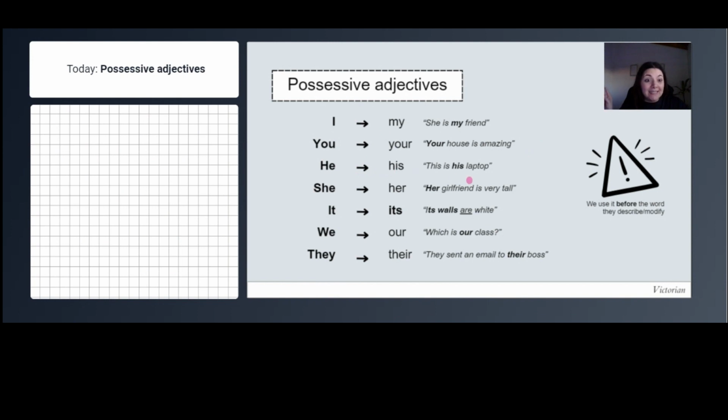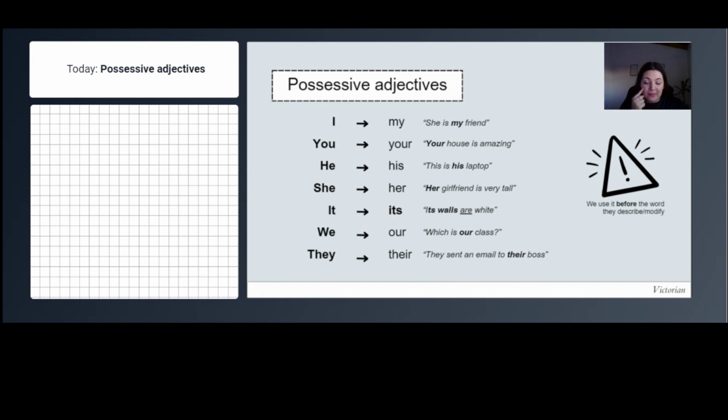This is his laptop. With she, we use her. Her girlfriend is very tall. With it, we use its. For example, its walls are white. With we use our, which is our class. With they, we use their. They send an email to their boss.